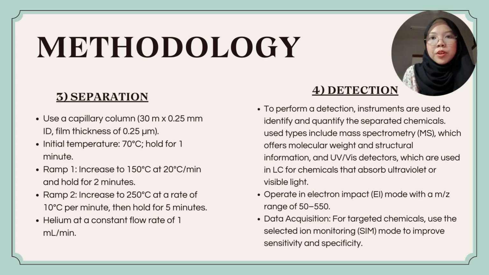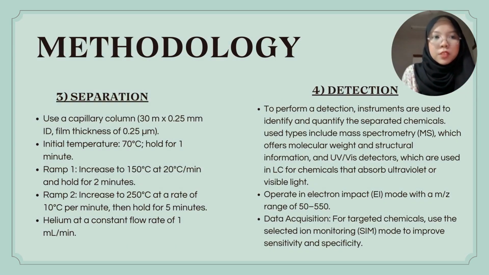Then we need to operate in electron impact mode with an m/z range of 50 to 550. For data acquisition for target chemicals, use the selected ion monitoring mode to improve the sensitivity and specificity.